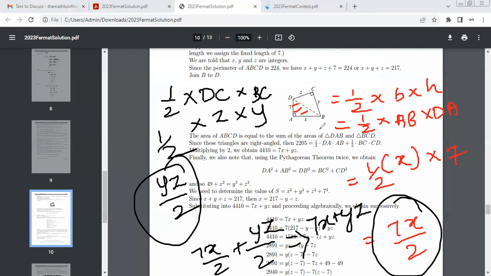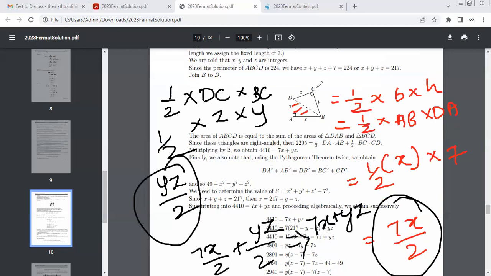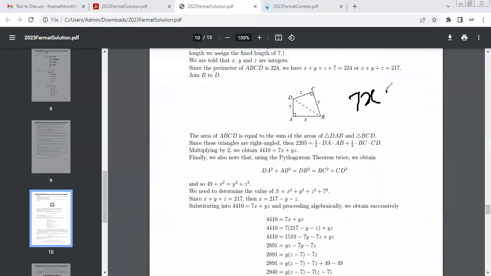Half plus half will give you 1? Wait a minute, what did I do? For the denominator, no. It would be 7x plus YZ over 2, because it's the area of a triangle. We have some coefficients, so we won't be able to add them directly.